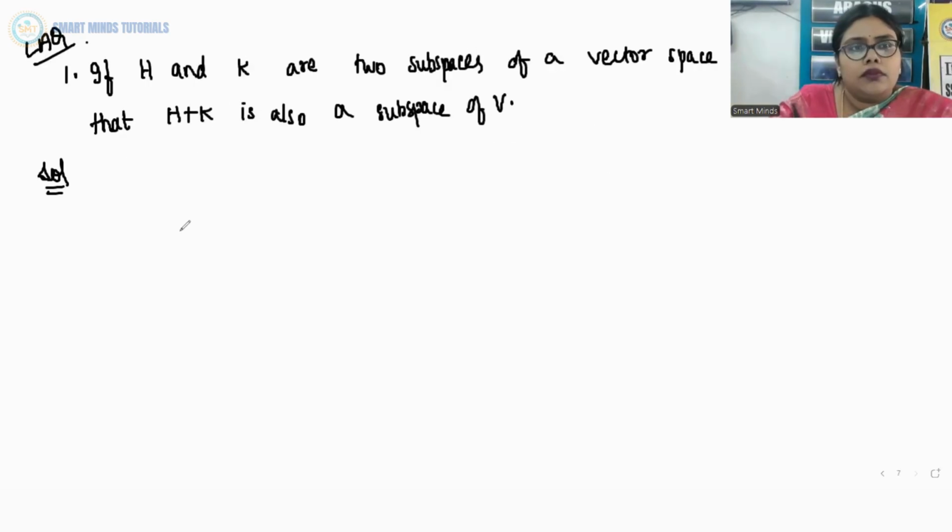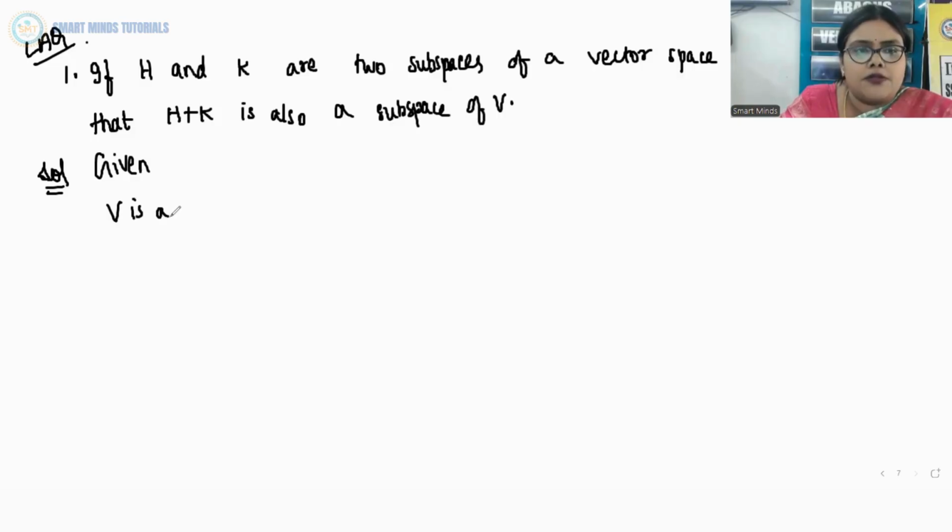Understood? Now, take the next question. This is an LAQ. Very important. If H and K are two subspaces of a vector space V, then show that H plus K is also a subspace of V. So first let us write what is given to us.